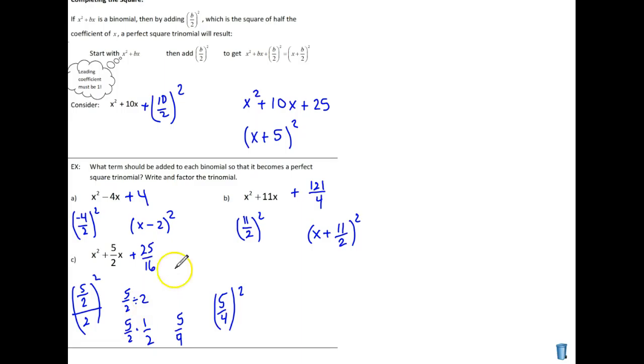But if I were going to write that as my perfect square trinomial, or factor that trinomial as my perfect square, what would I write that as? This would be the x and then plus my 5 fourths. Remember, it's that value before you square it. x plus 5 fourths, and then that's the whole quantity squared.